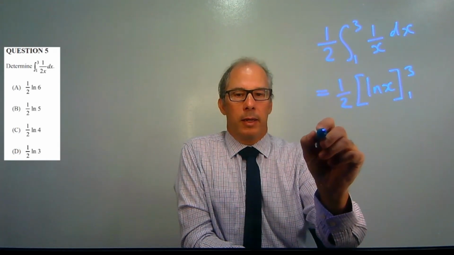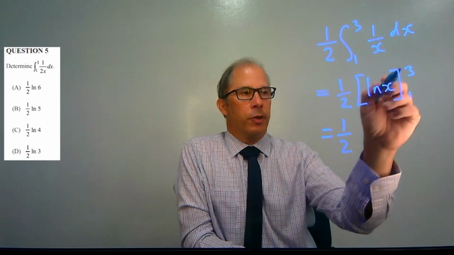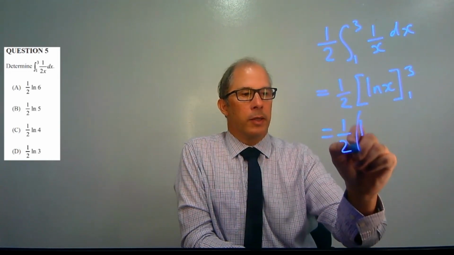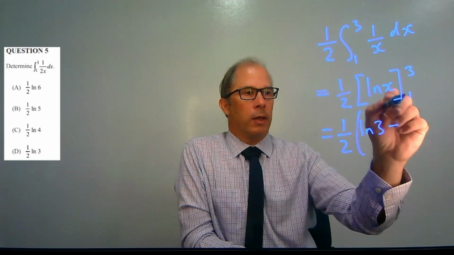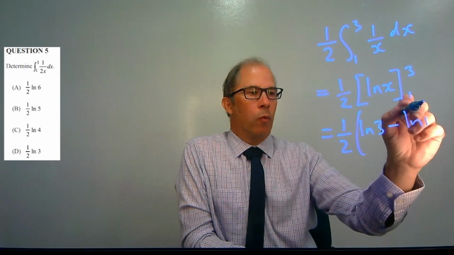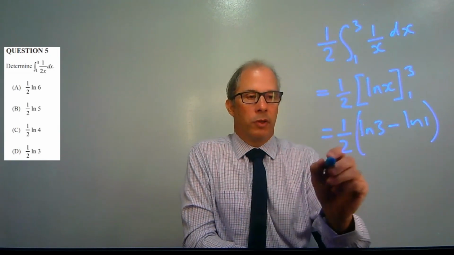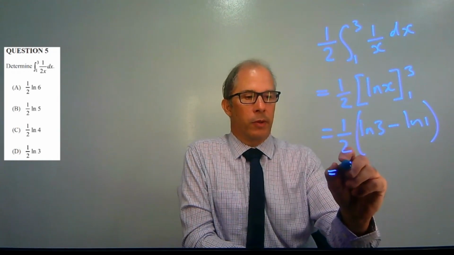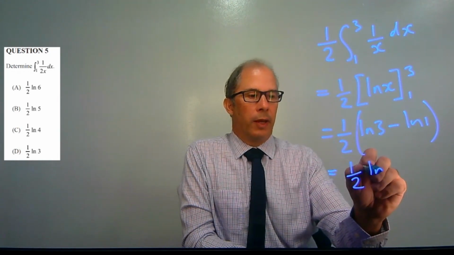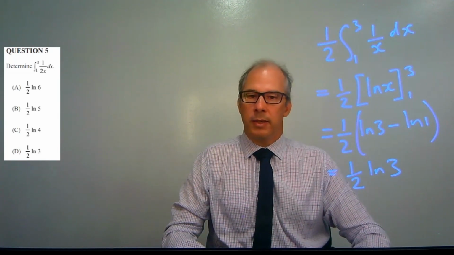And then I am going to substitute 3 into here. So ln 3 minus ln of 1. Now you should know that the ln of 1 is going to give you 0. So this is ln 3 minus 0. So we end up with a half ln 3, which is answer D.